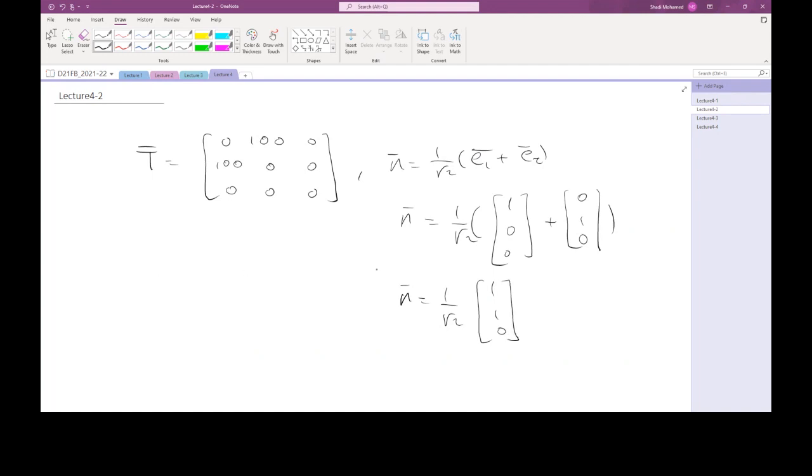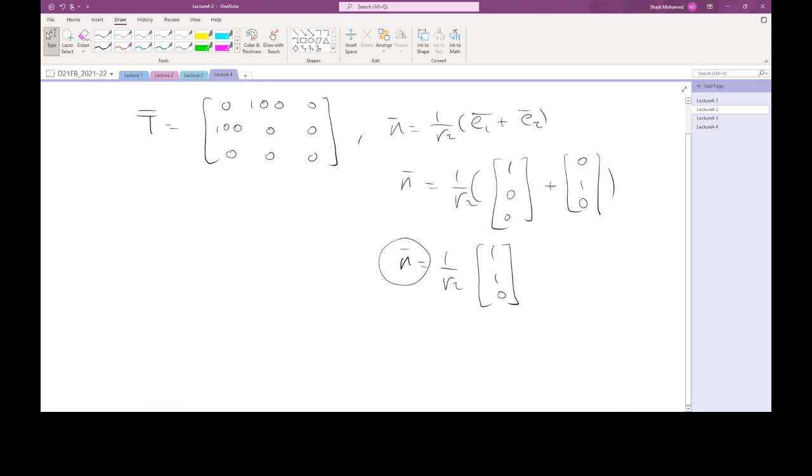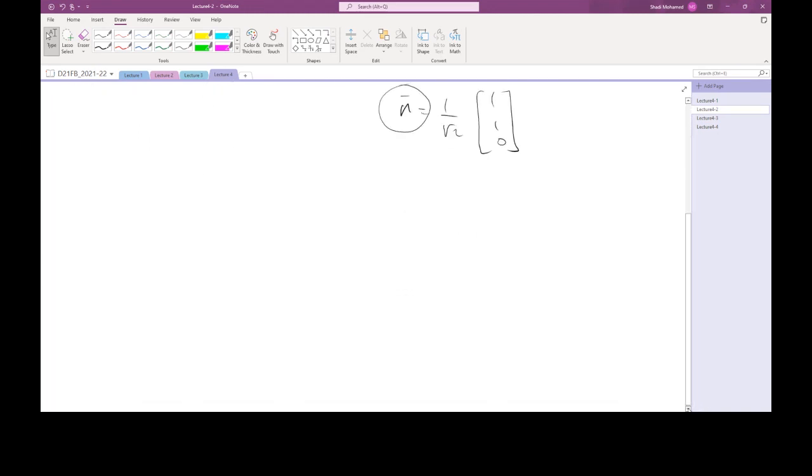Okay, so the first part of this question is to find the shear stress on this specific plane. To find that, we need to multiply and find Tn small, and then multiply it again and find the Tn, the normal components, and then find the shear components.